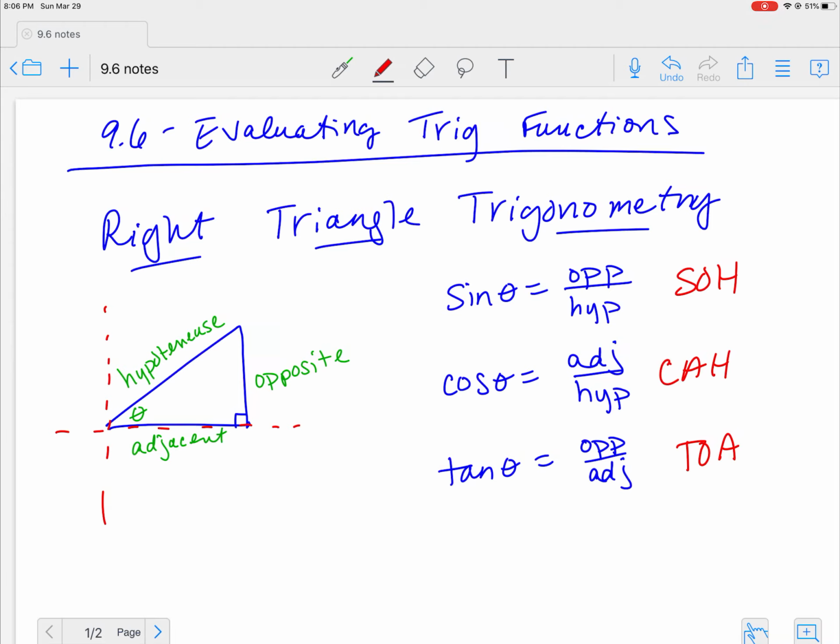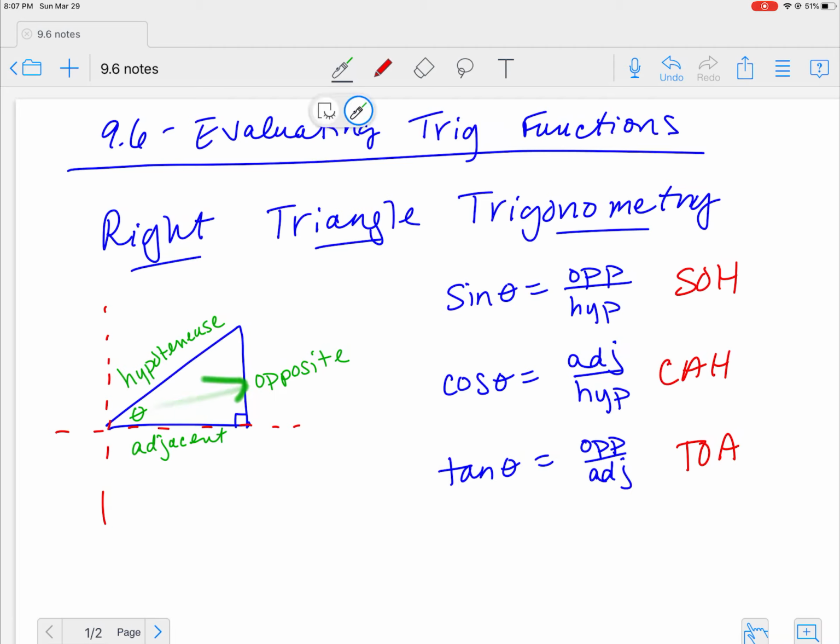Some of you are screaming SOHCAHTOA. That's our common mnemonic device for right triangle trigonometry. Sine is opposite over hypotenuse, cosine is adjacent over hypotenuse, and tangent is opposite over adjacent. Opposite goes with sine, adjacent goes with cosine, and tangent is sine over cosine. Everything connects, guys.